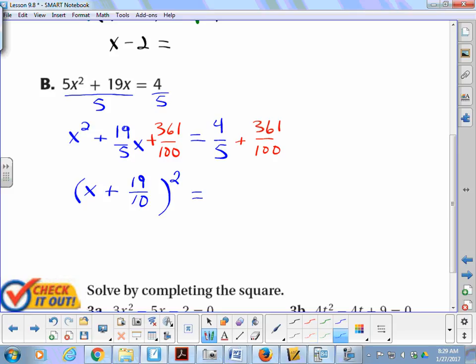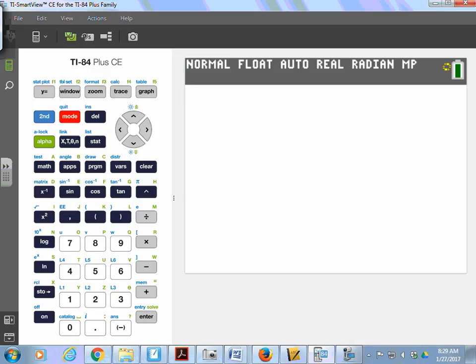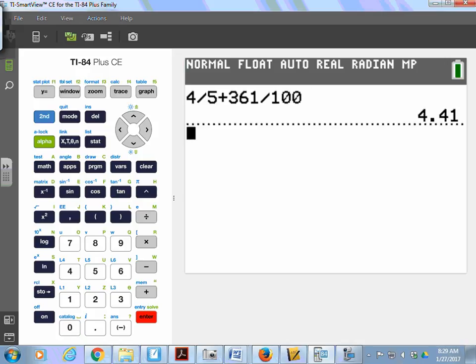All right, so now you can take your calculator. So 4/5 plus 361 over 100. Type it in. I get this decimal, 4.41. Now you can convert that to a fraction, which is what we want.